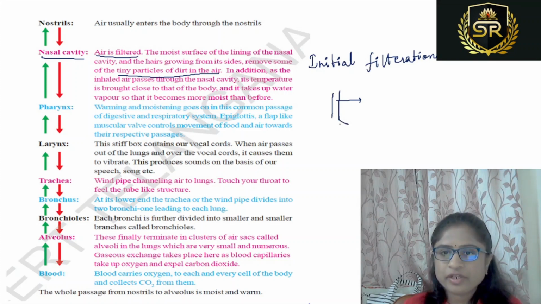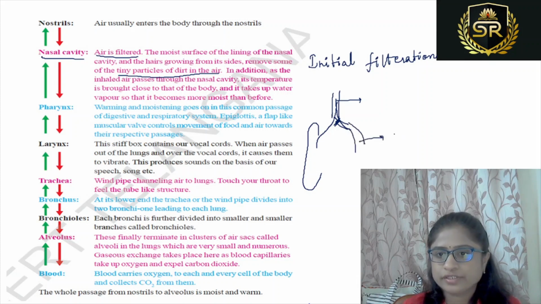There is the epiglottis, a flap-like structure or muscular valve that controls the movement of food and air towards their respective passages. Whenever air enters, it closes the food passage and the air enters the lungs. When food is swallowed, the flap covers the windpipe and the food enters the esophagus.